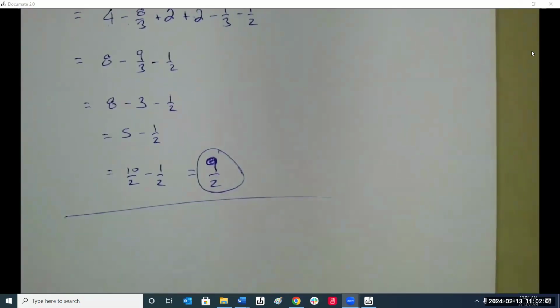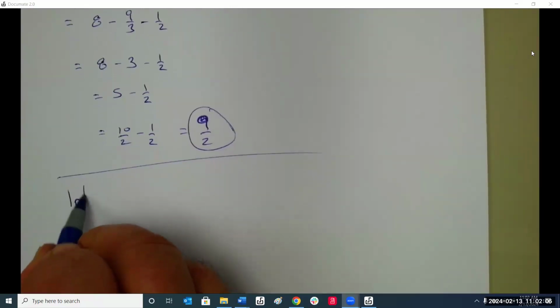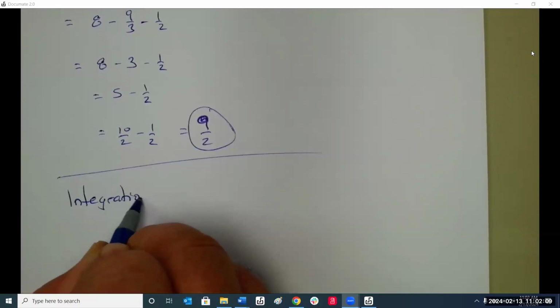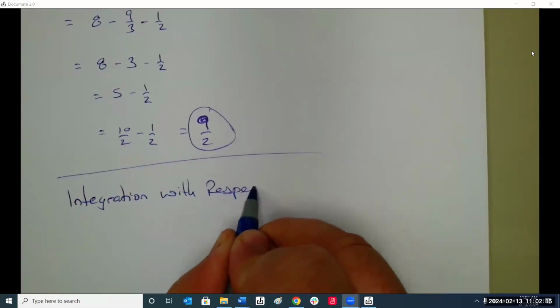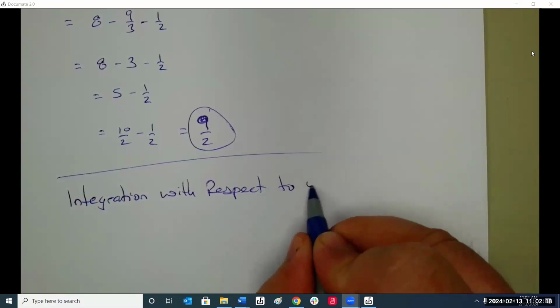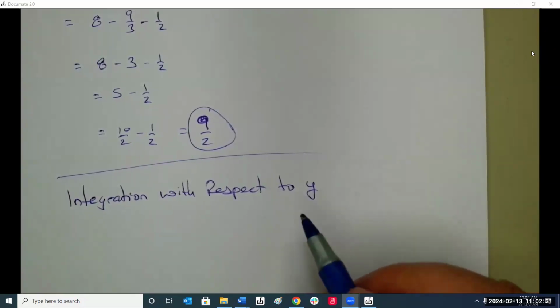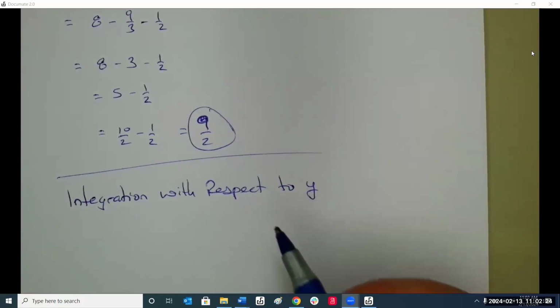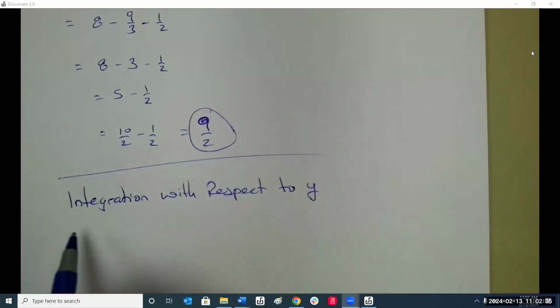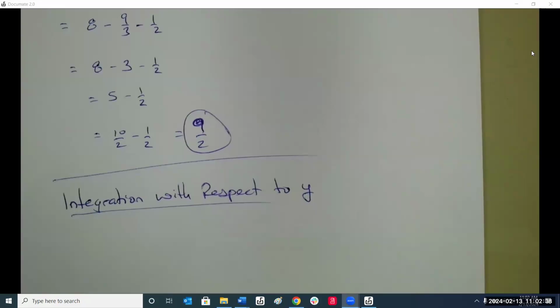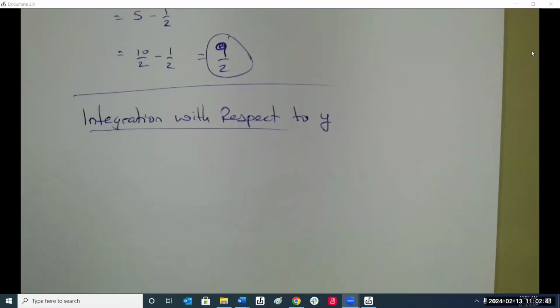Okay, now we've done everything else like we normally do, but this time integration with respect to y. So let's look at what it looks like when we do horizontally. All right.